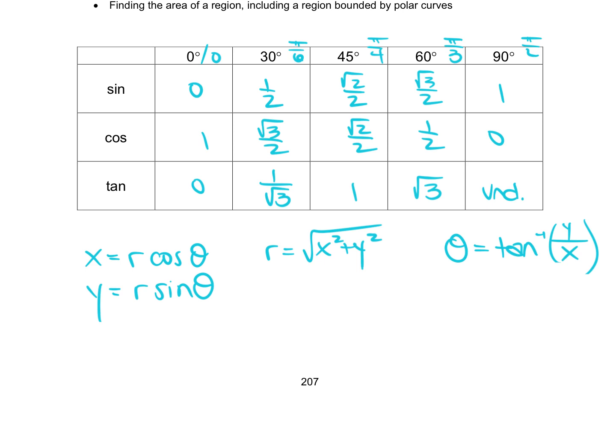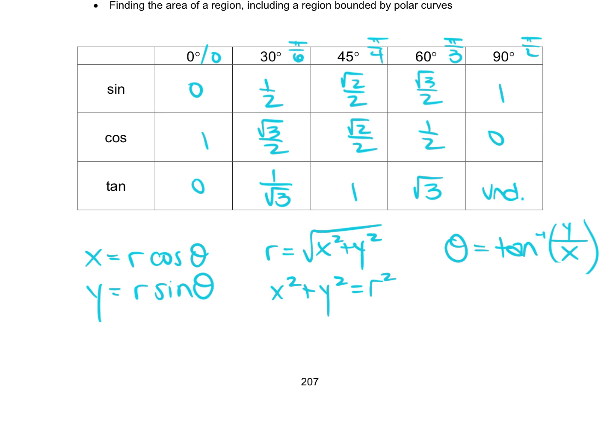And then one other formula we worked with was x squared plus y squared equals r squared, which is just the equation of a circle. These are basic formulas that will help you in polar when we're converting between different things, okay?